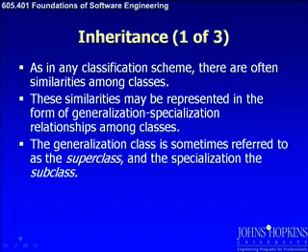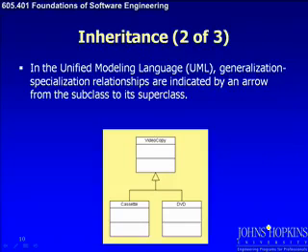What's a phylum, kingdom? Let's see, kingdom, phylum, class, order, family, genus, species. Right, is the order of the names of the various levels of this hierarchy. So things in the real world have these generalization specialization relationships.